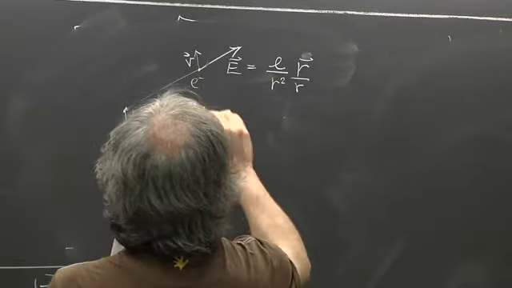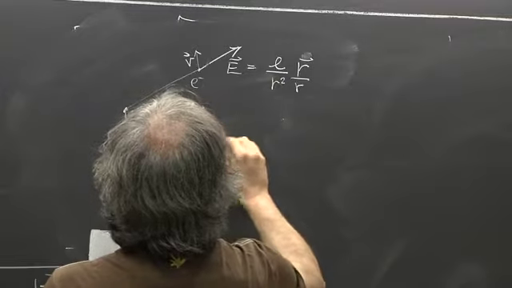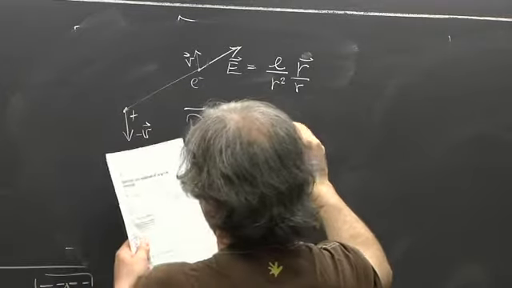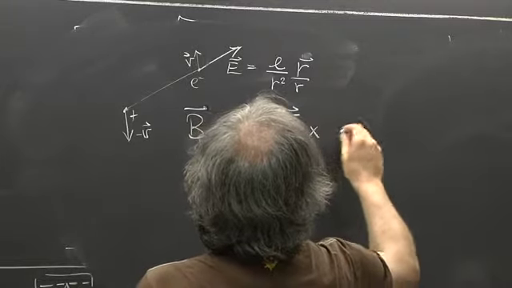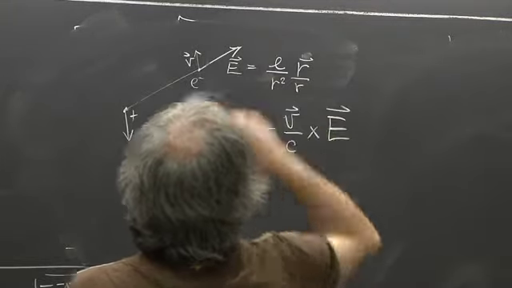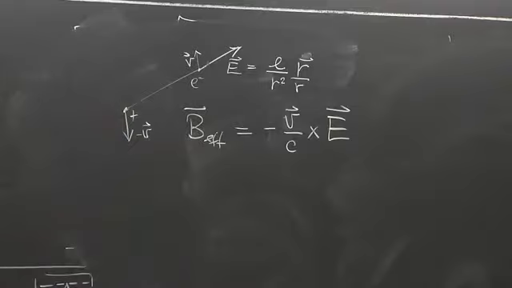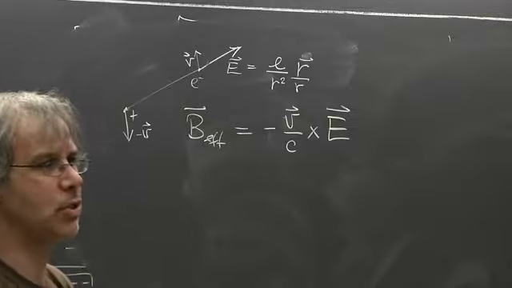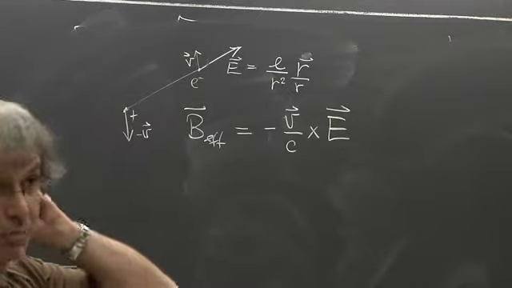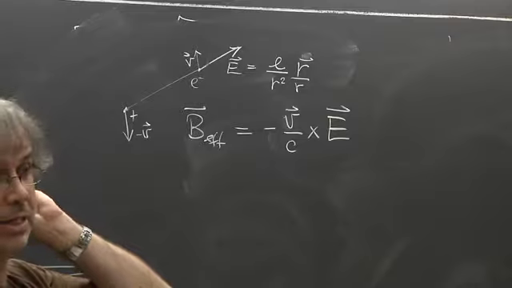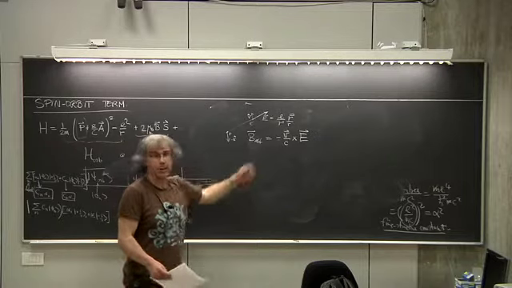And the effective magnetic field that you feel is, well, essentially proportional to v over c cross E, the electric field that you have, okay? I'm not going to derive this, but from relativity, you can show that if you move with a certain velocity v in an electric field, you expect that there should be a magnetic field in that reference frame of this type.